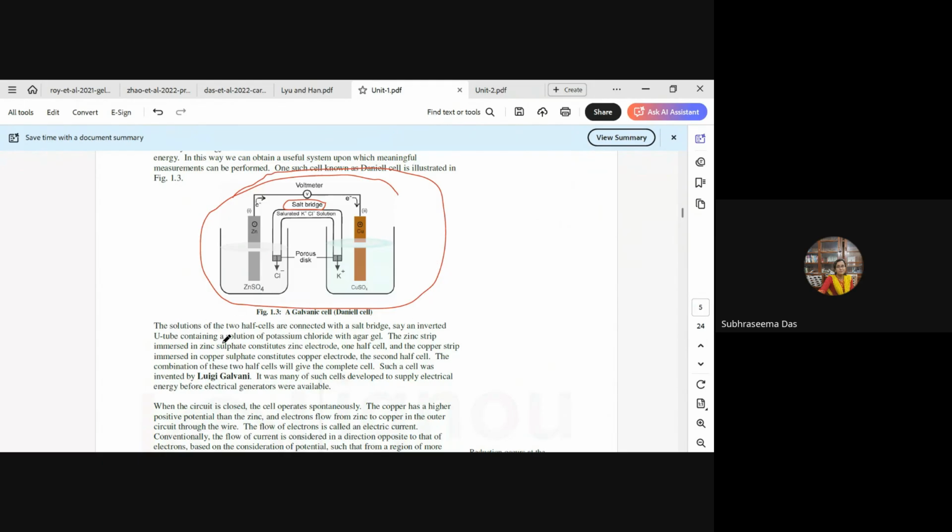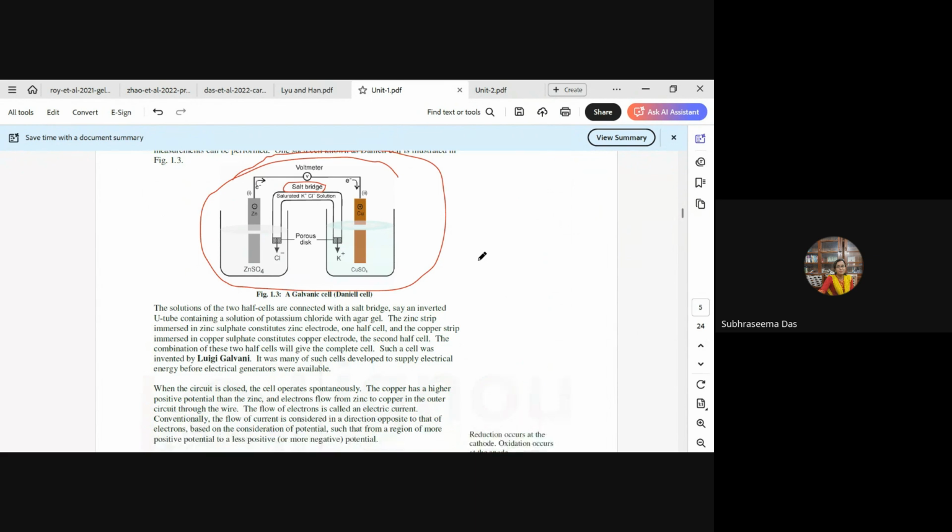The zinc strip is immersed in zinc sulfate, it contains the zinc electrode, and the copper strip, which is immersed in the copper sulfate solution, constitutes the second half cell. The combination of these half cells gives the complete cell, and this cell was first proposed by Galvani, hence the name galvanic cell.